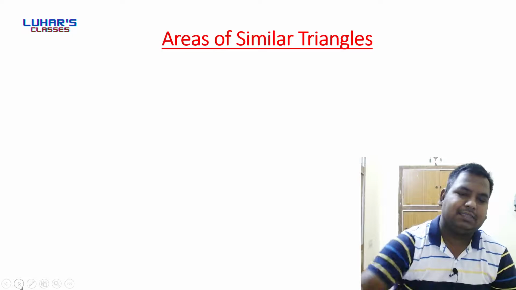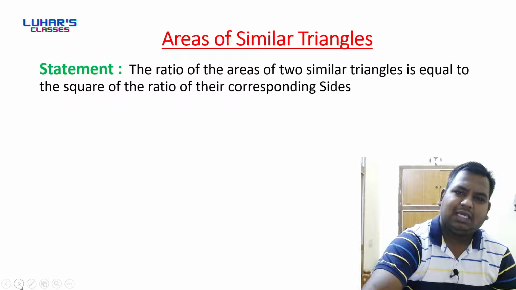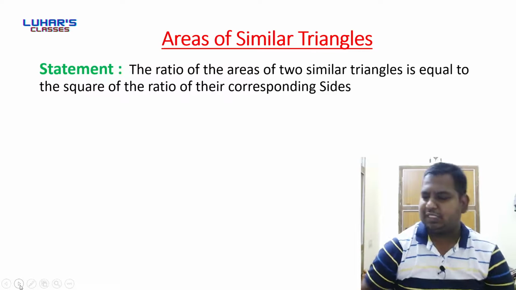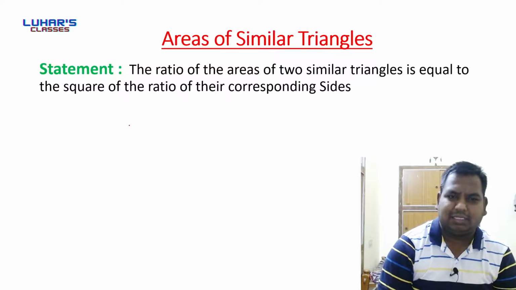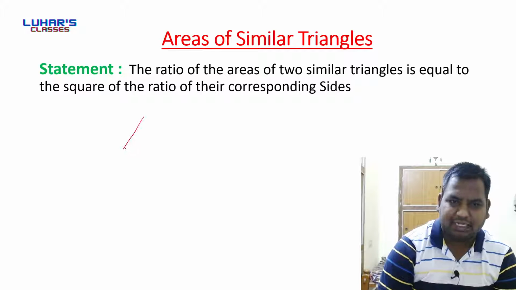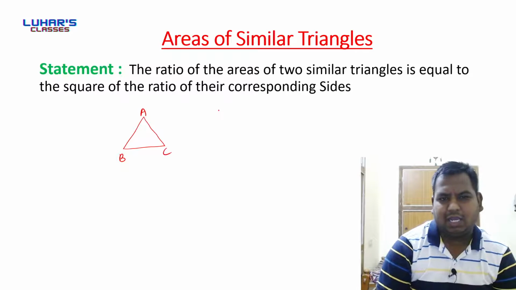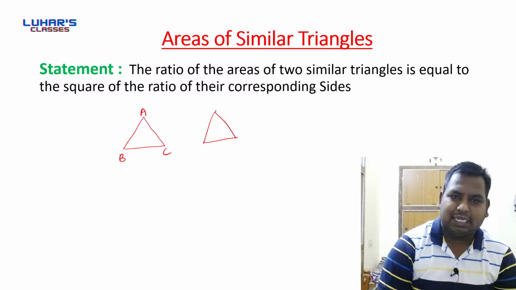Areas of similar triangles theorem. So here is the statement. What is the statement here? The ratio of the areas of two similar triangles is equal to the square of the ratio of their corresponding sides. That means, for example, we have two similar triangles: triangle ABC and one more triangle DEF, and both the triangles are similar.